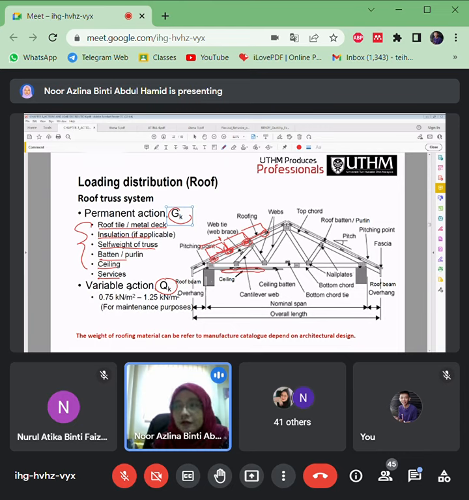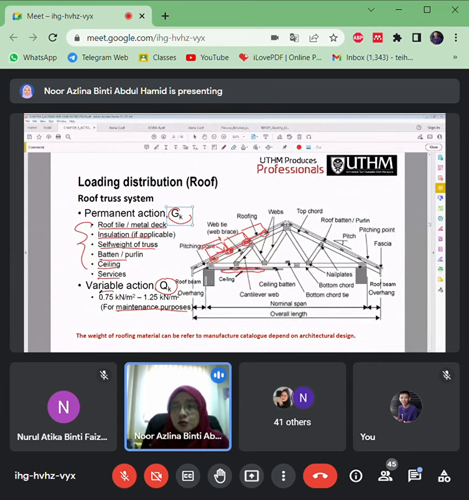Okay, and then for variable actions, Qk, or imposed loads, it is considered just for maintenance purposes. For repair, for example where the zinc is leaking or the zinc has come loose and needs fixing, that is a maintenance purpose, where at one time only one or two workers will climb up on the roof for repairing works and so on.